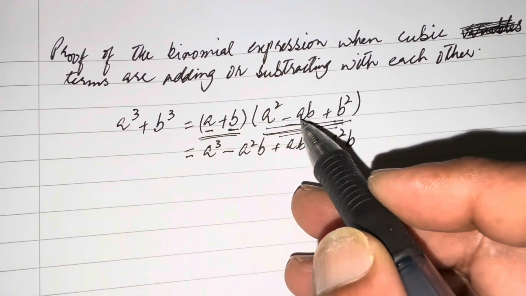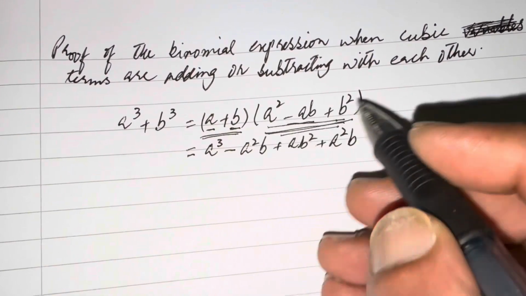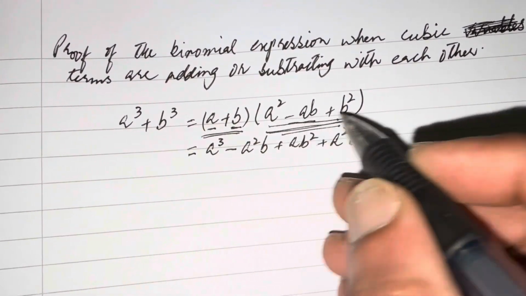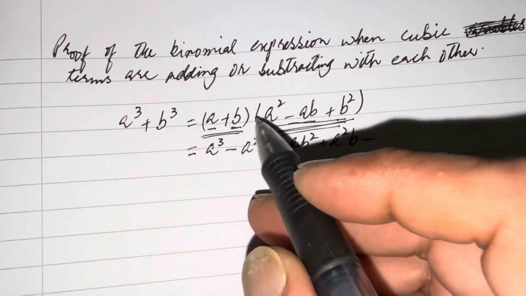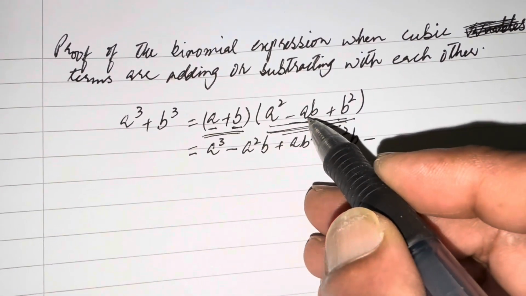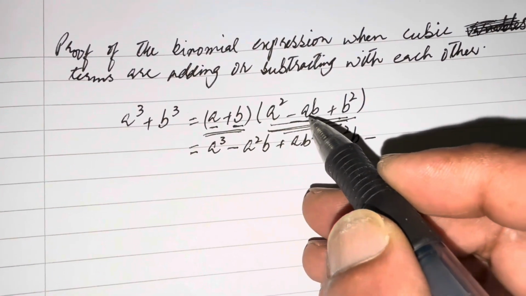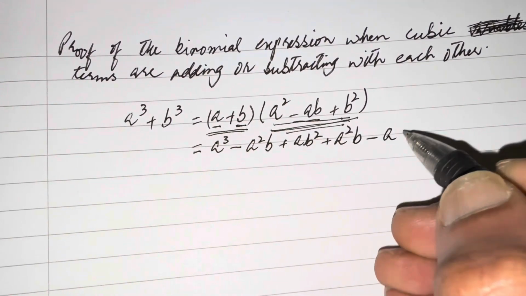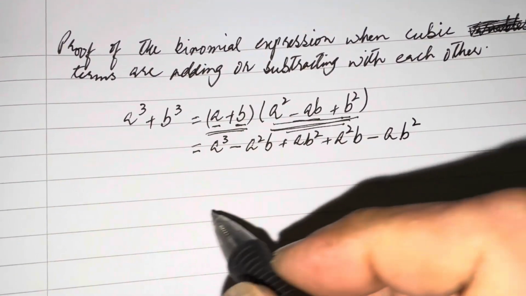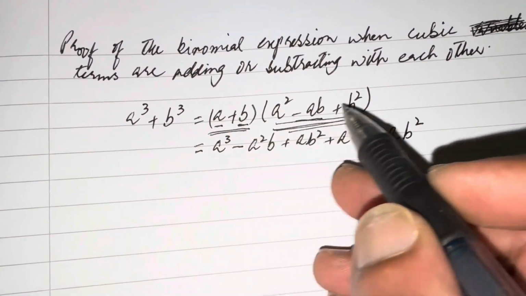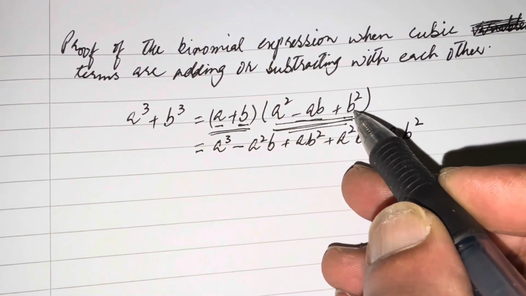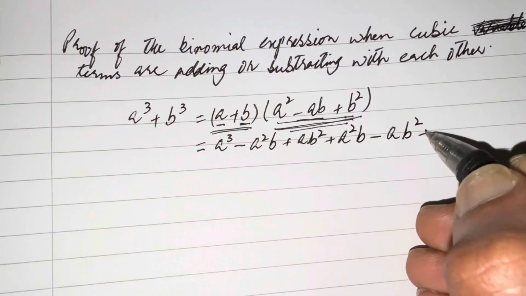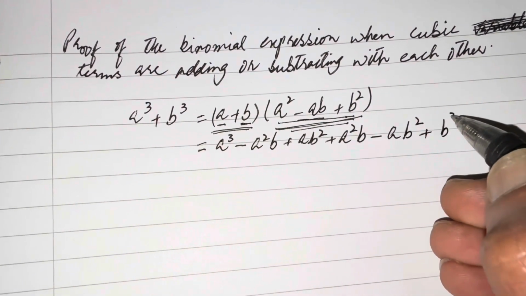Then b multiplied with minus ab, plus multiplied by minus will equal minus, and b multiplied by ab will become ab square. And then b will multiply with b square, which gives plus b cube.